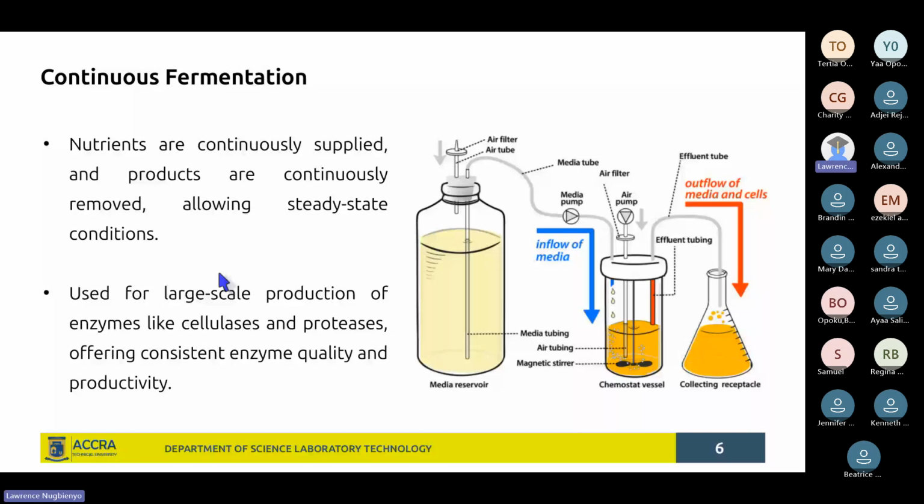So this can be set up maybe even overnight, and the flow rate will be set very slow into the reactive mixture, so that you have the chemostat vessel. That is where the production is occurring. And in that chemostat, you have an inlet of air, so oxygen has to be present.